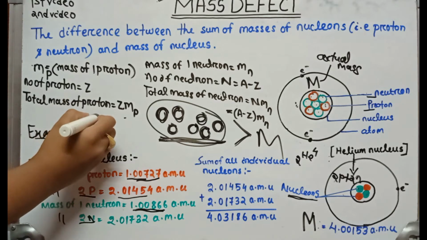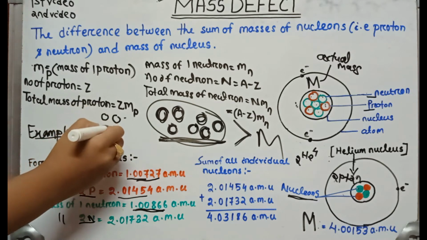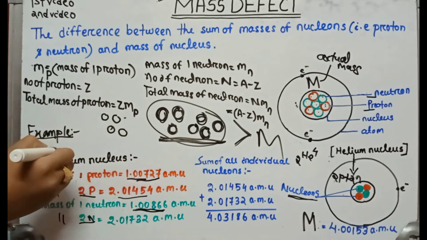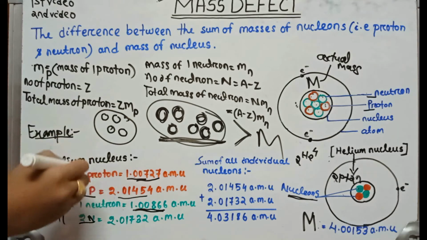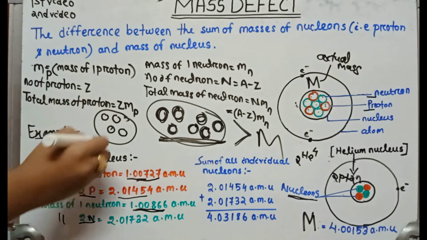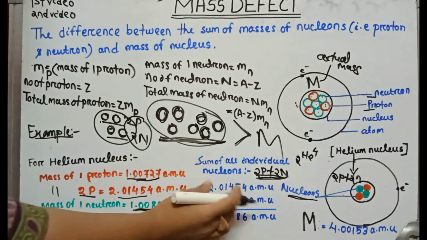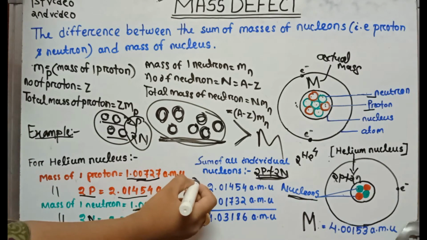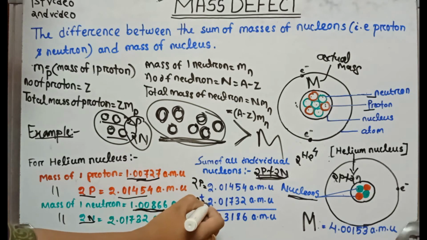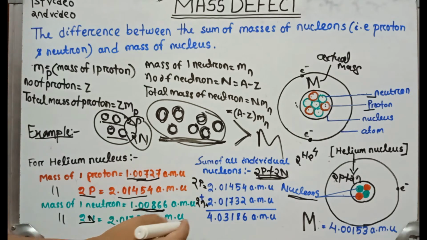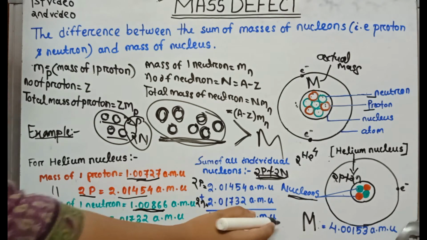So students, what is the sum of these 2 protons and 2 neutrons? In the case of the helium nucleus, there are 2 protons and 2 neutrons present. Then what is the total mass of these individual nucleons? We put the value of the mass of 2 protons and also the mass of 2 neutrons. What we got is 4.03186 AMU.